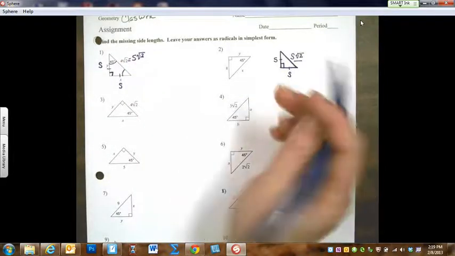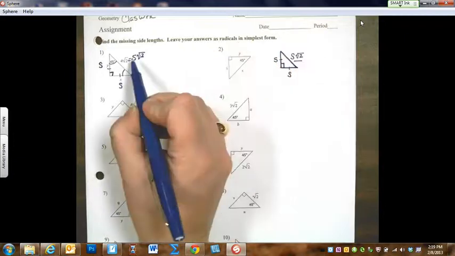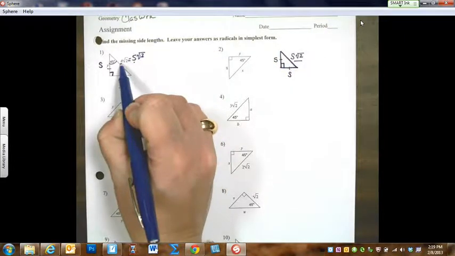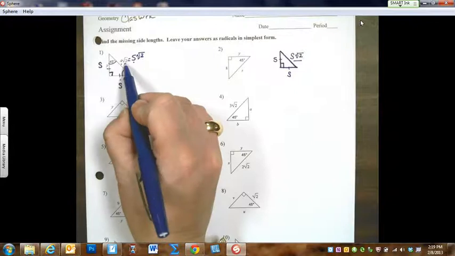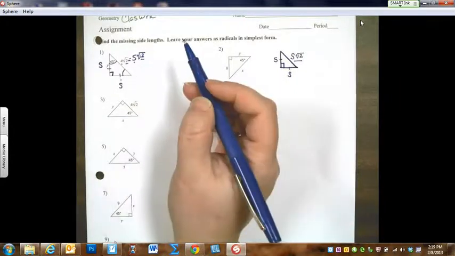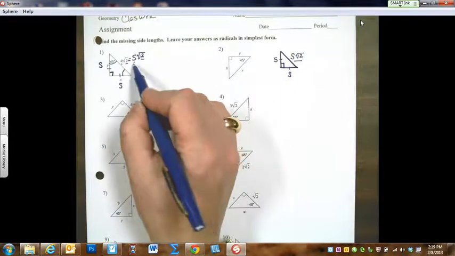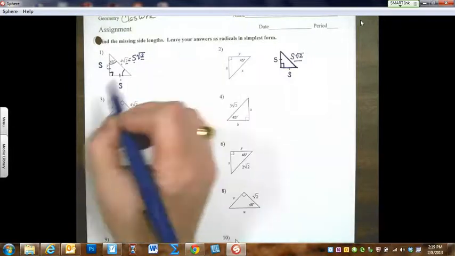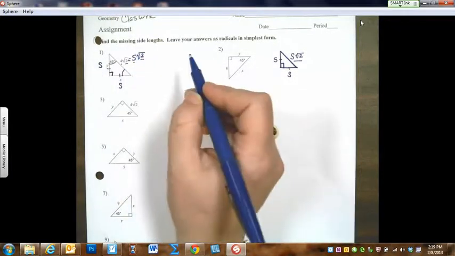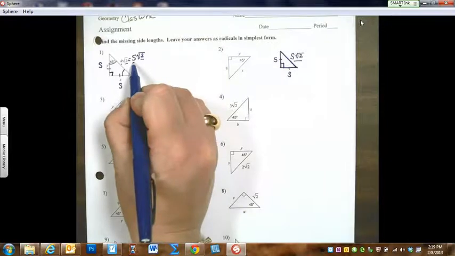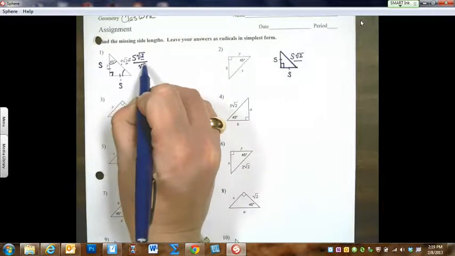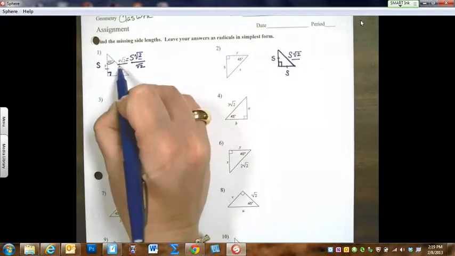Well, some of you may see that right there, I know s is in the same position as 4. And then we have a radical of 2 and a radical of 2. So that kind of looks like s is 4, and you would be right. But I want to show you mathematically why that is. To get s by itself, I divide by the radical of 2 on both sides.